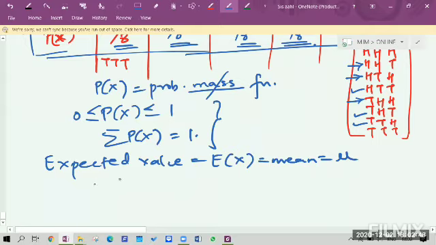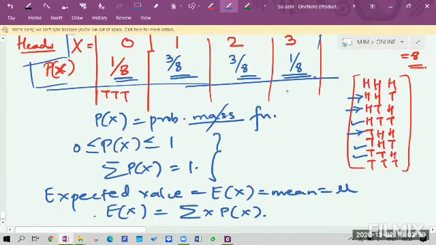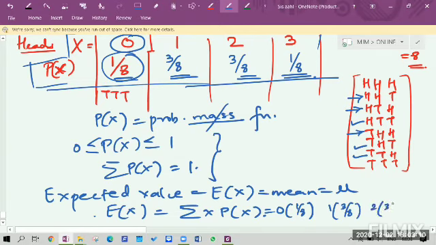The formula for E of X is summation X P of X. So for all the variables that you have, you see X and P of X, and you multiply them. So 0 into 1 by 8, 1 into 3 by 8, 2 into 3 by 8, 3 into 1 by 8.